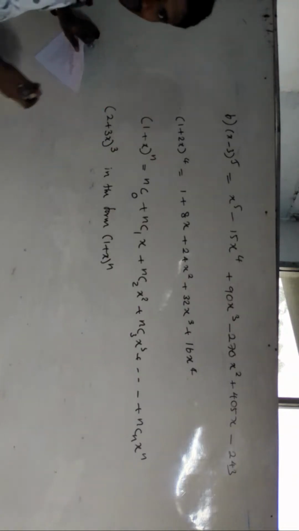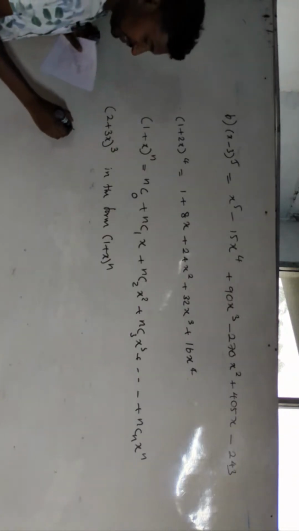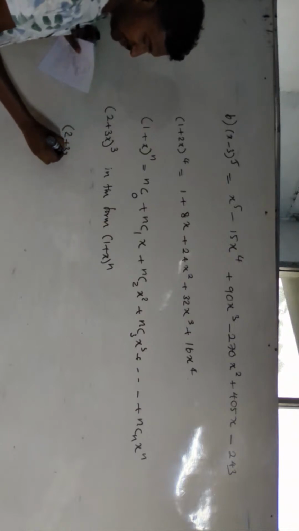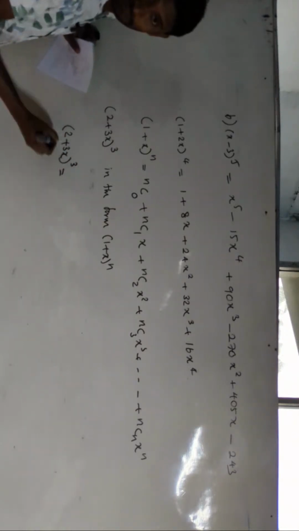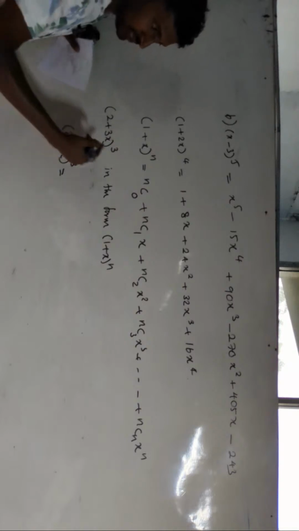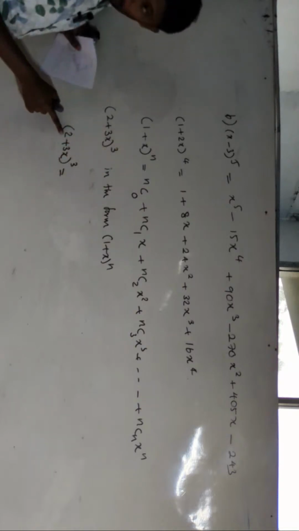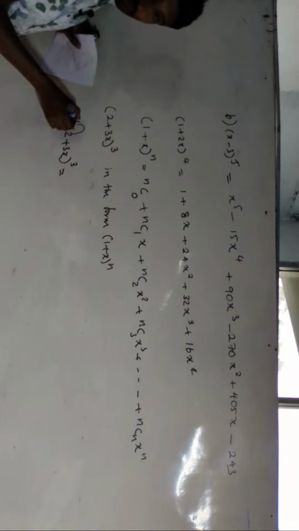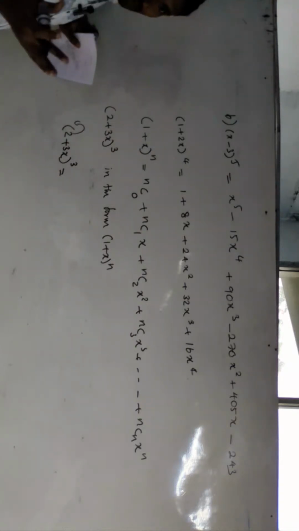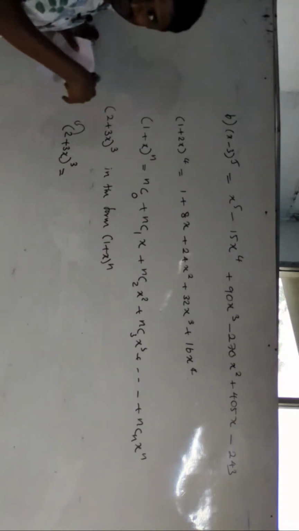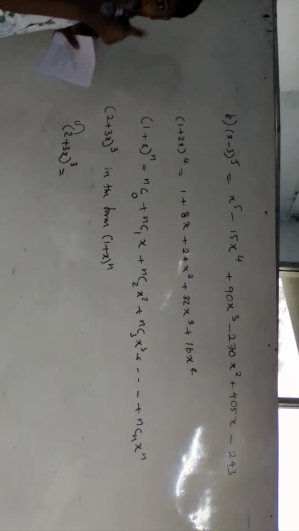Right. Now let's see how that can be done. That is very easy. Now here you can see the original one is 2 plus 3x cube. Now how can we convert this into 1 plus x? That means here it should be 1. So I'm going to take out 2. When you take out 2, it will come out as 2 cube, that means 8.